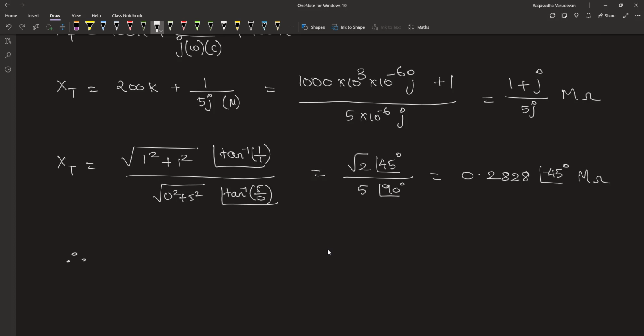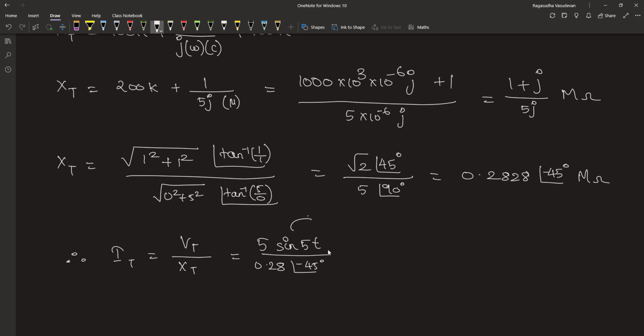So therefore, the value of the current that is passing through this circuit will be the voltage across it divided by the total impedance. The voltage across it is given as 5 sin 5t, and the total impedance is now calculated as 0.28 angle minus 45 degree.